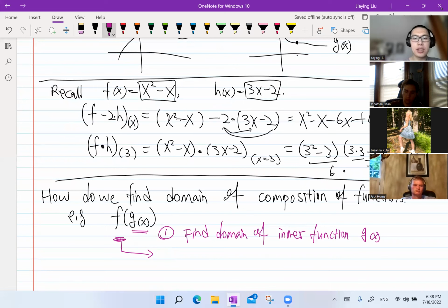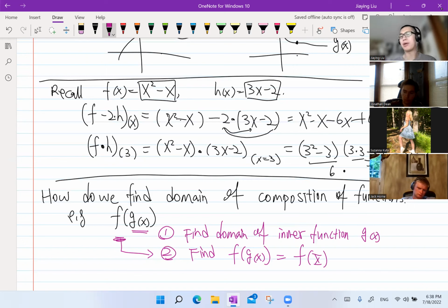So step 2, find the actual f of g of x. We need an expression for it. So that's going to be, let's say, f of some x at the end. I know it could be confusing, but when I show you an example, it's probably less confusing.